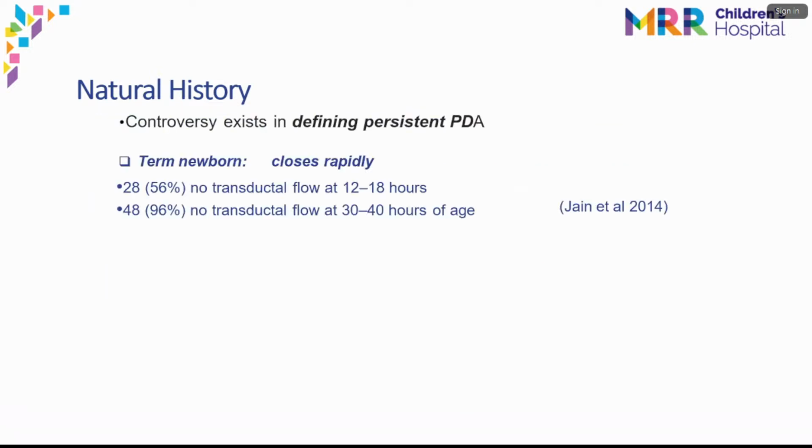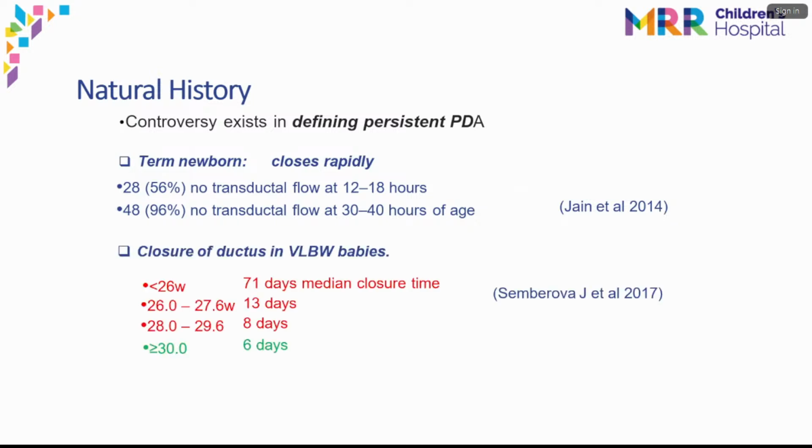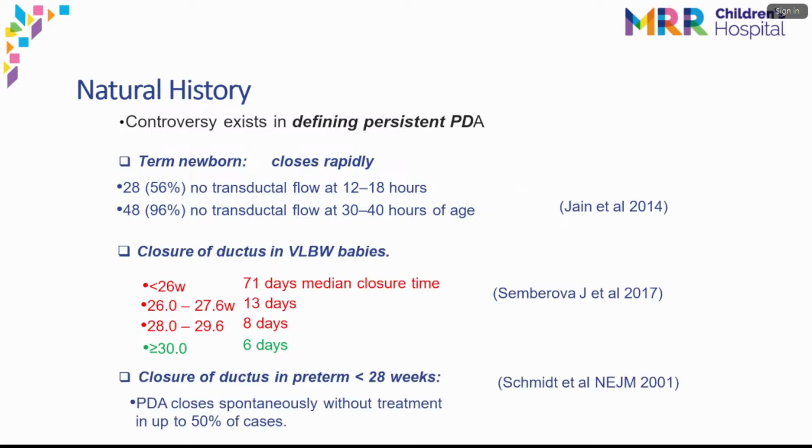There is controversy in defining persistent ductus. In term neonates, it usually closes rapidly. In a study in 2014, 56% had no transductal flow at 12 to 18 hours, and 96% had no transductal flow at 30 to 40 hours of age.